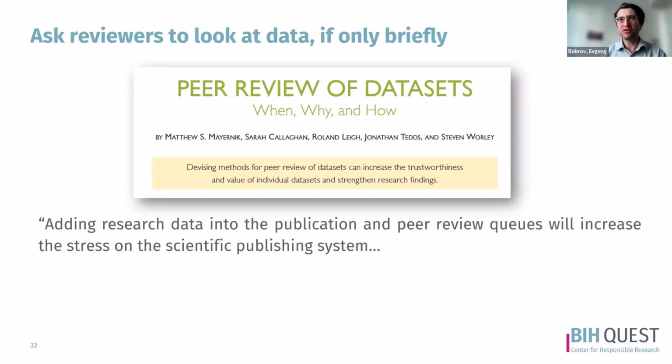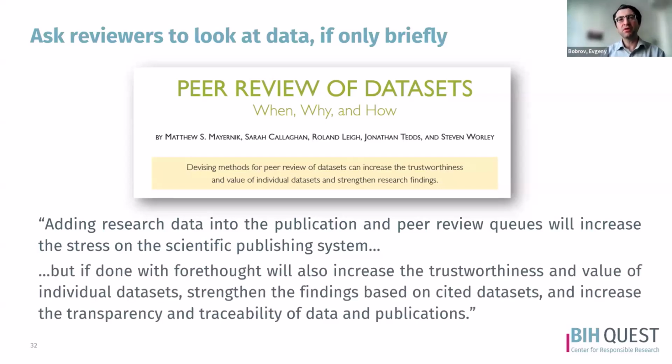And so the authors of this article, they're also stating that indeed a proper data publication review, which is not what I'm arguing for now, but it would be ideal to conduct a more in-depth review of the data set. This would definitely increase the stress, as the authors say, on the scientific publishing system, but they also say that if done properly, it will also increase the trustworthiness and value of both data sets, but also the articles based on these data sets.